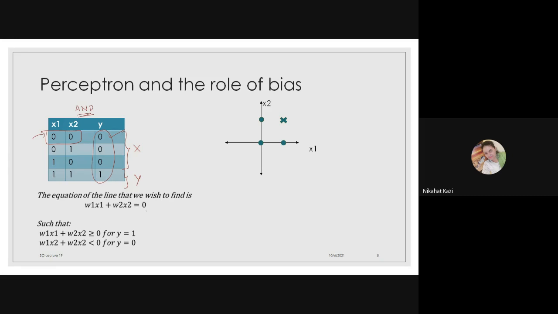Now if we just consider these 2 inputs, the existing input features which are there, then we can observe that this equation that we have written is a line which is passing through the origin, isn't it? What is the equation of this line?